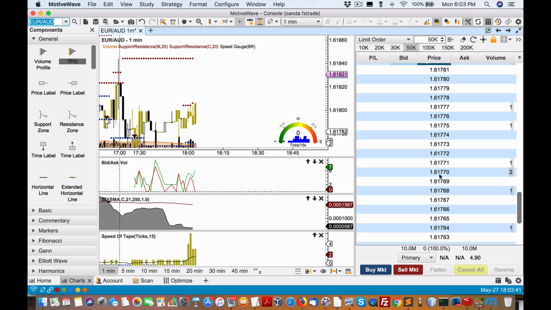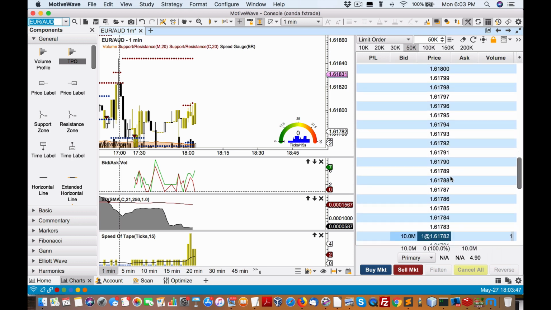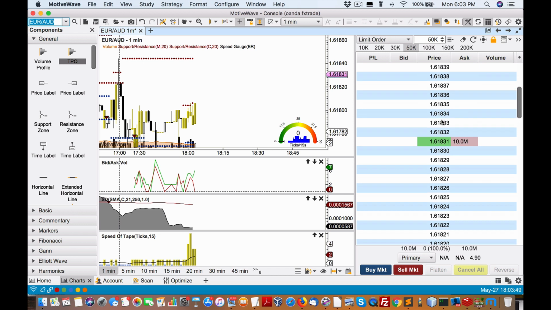It looks like a 166,61770. Very interesting. And then there's our price here at 10 million ticks. But you can see the price is trending up. The standard deviations come off.